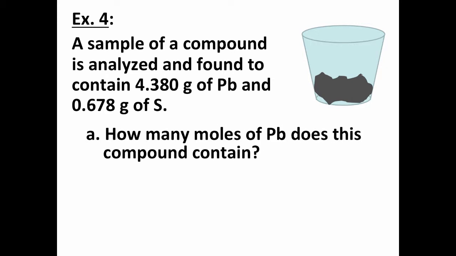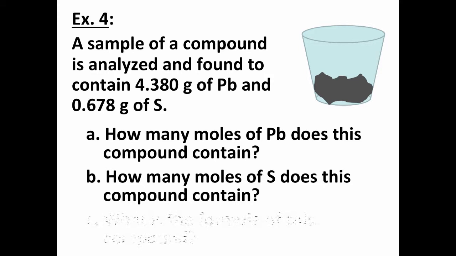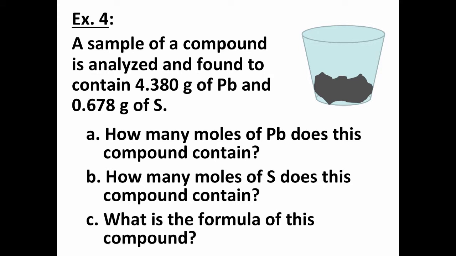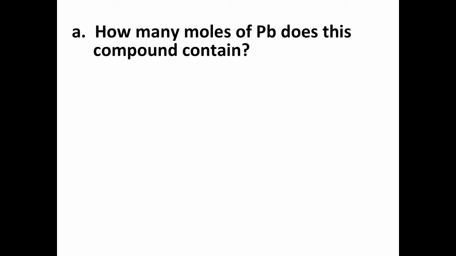So a couple questions. How many moles of lead does the compound contain? How many moles of sulfur does the compound contain? And then what's the formula of this compound? Okay, so the first thing we're going to do is determine how many moles of lead the compound contains. And we start with the number of grams of lead we know we have.